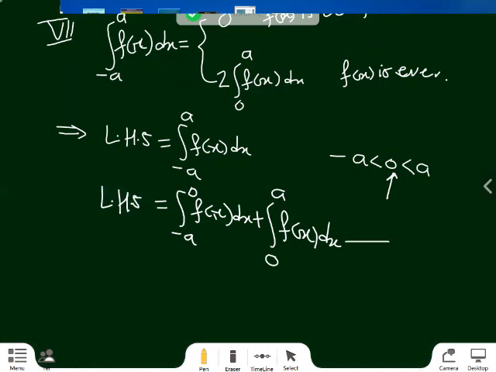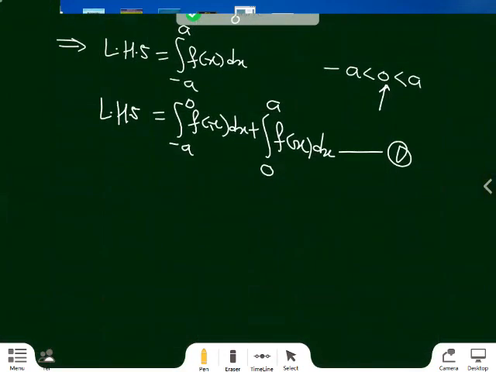Let this be equation number 1. Now in equation number 1, consider the first part. Let it be I1, which equals integration from minus a to 0 f of x dx.